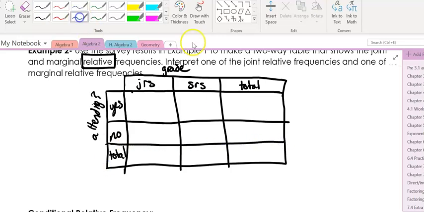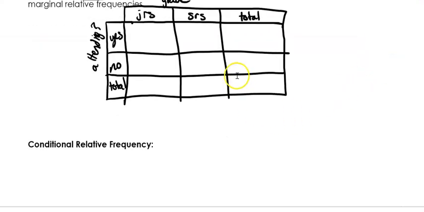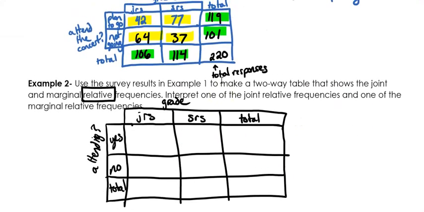Okay, so finding this is not terribly difficult once you know what to do. We're going to use our calculator to do a lot of it. So you take this number that is in the juniors planning to go, that's 42, and you divide it by your total responses, which was 220. So 42 divided by 220 is going to be 0.19. And I'm just going to go to 2 decimal places.